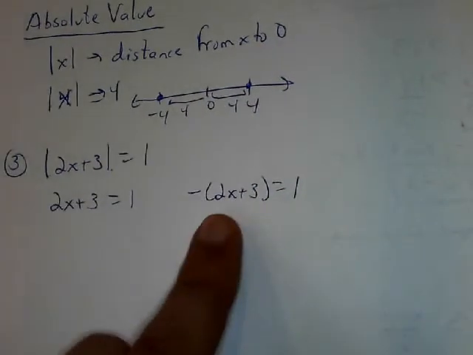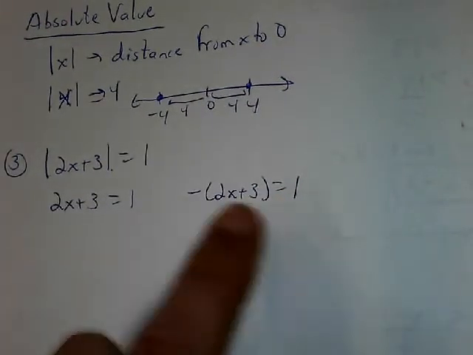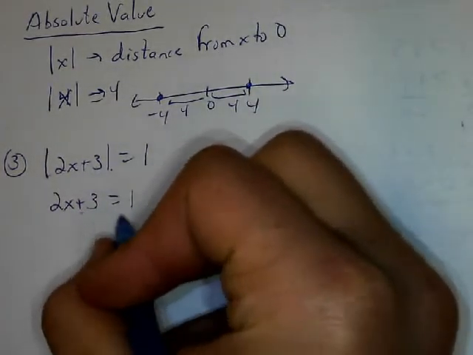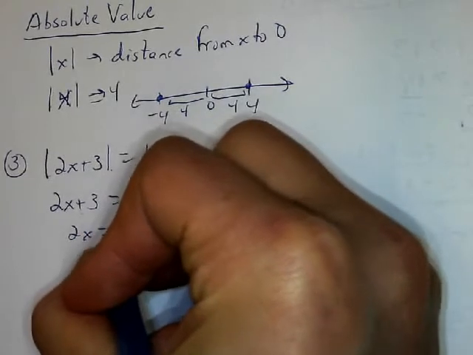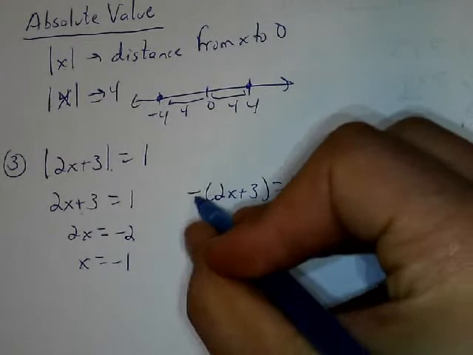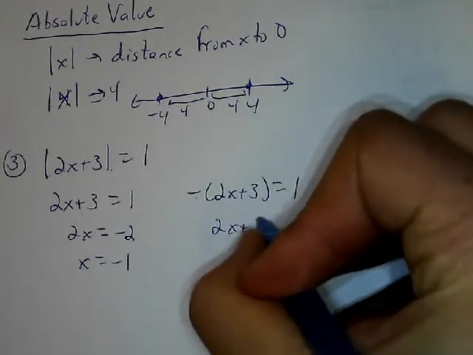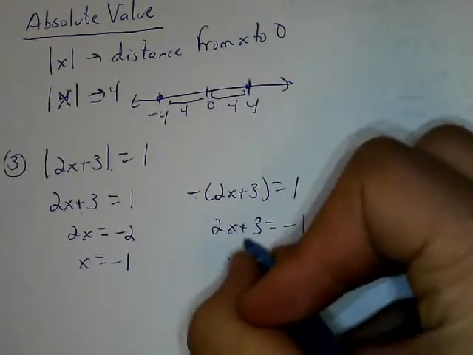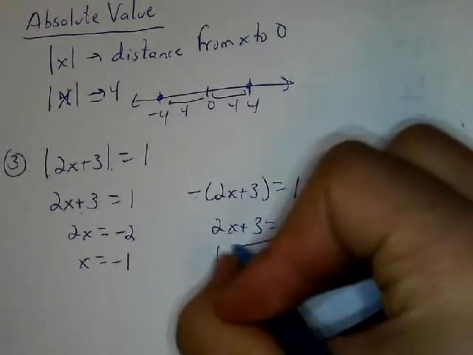The positive and negative parts must have a distance equal to 1. Therefore, when we solve this, we get 2x is equal to negative 2, x equals negative 1. Over here, we divide by negative 1 to get 2x plus 3 equals negative 1. Solve it, we get x equals negative 2.